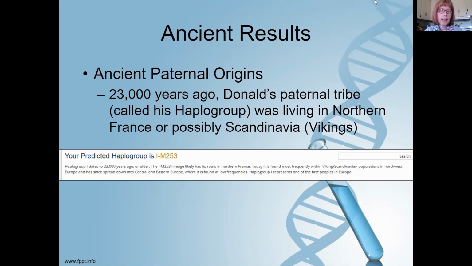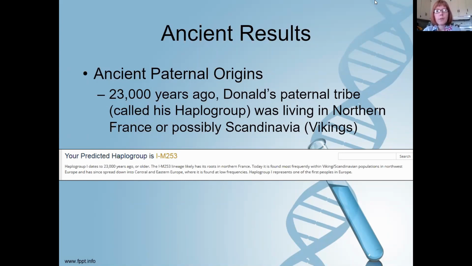It's basically telling you that your paternal tribe, which is a loose grouping of somewhat related men, was living in northern, well, my dad's was living in northern France or possibly Scandinavia 23,000 years ago. And then the M253 is the subgroup that my dad is a part of. So he's in the I haplogroup, and then M253 is the subgroup.